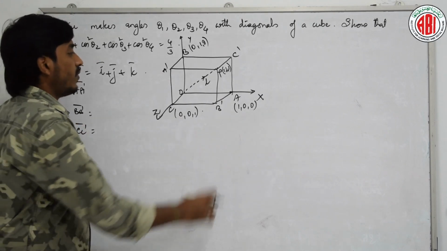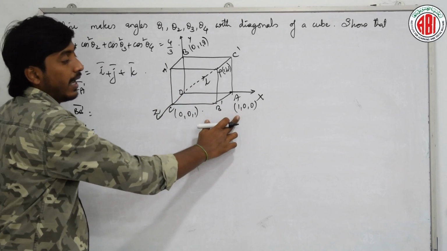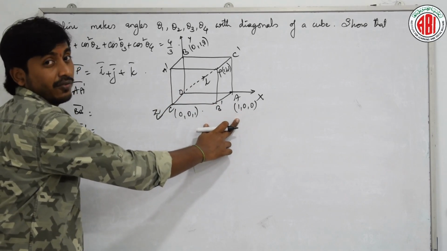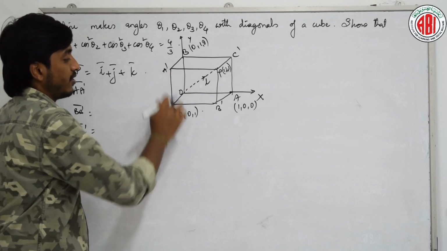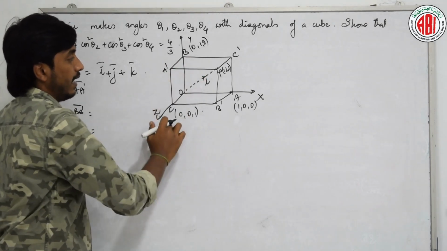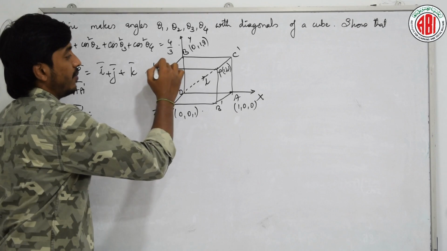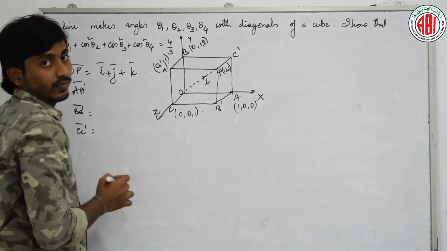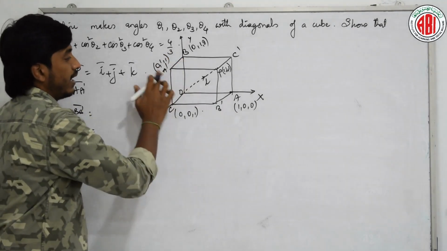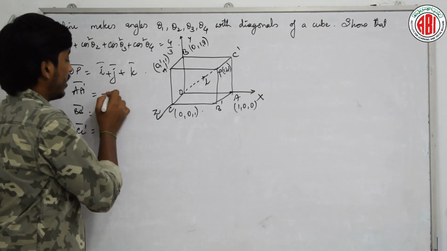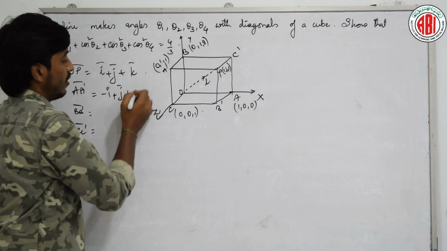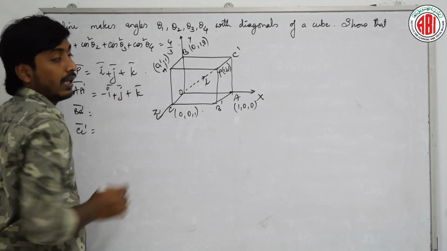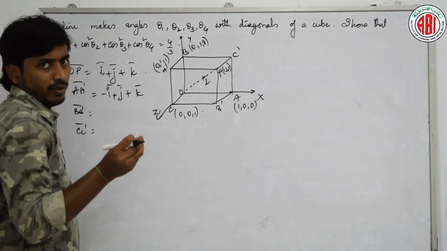Now, if you observe A dash, what will be the formula for this? Here A dash is in which coordinates? It is in the Z, Y coordinates. Then it will be 0 1 1. If I take A dash, then it will be 0 minus 1, that is minus I, 1 minus 0 is 1, 1 minus 0 is again 1. Clear? Into I. Hope you understood.